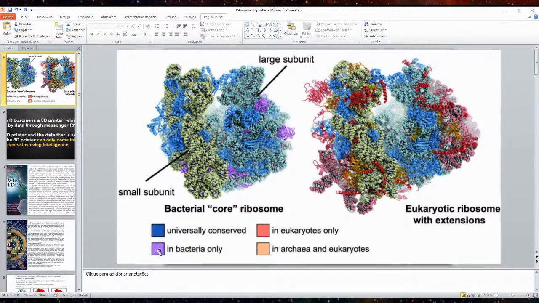Purple. Yeah, that is red here, and back in bacteria only, that is purple, right? Okay, so these parts, which are in purple, they are only found in bacteria. And you see many red proteins here in the eukaryotic ribosome, which only exist in eukaryotes. So this is an interesting observation.